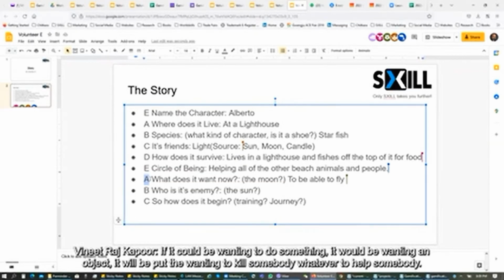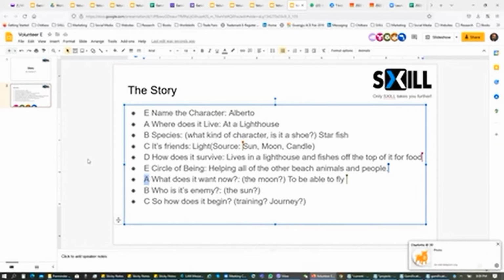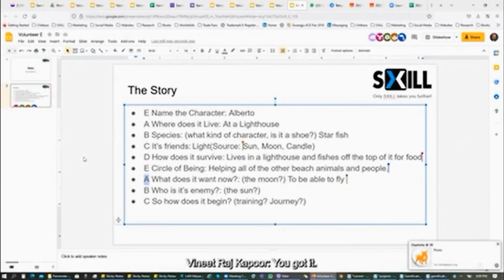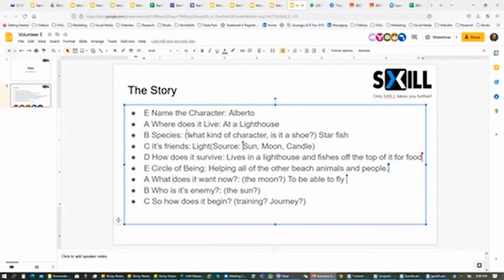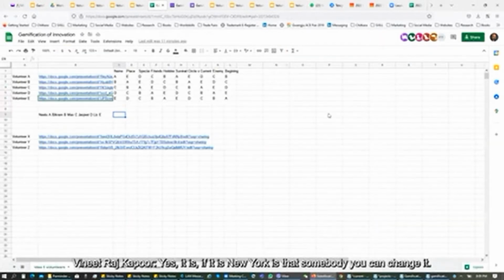It could be wanting to kill somebody, whatever, or to help somebody. You get it? What does it want now? In sheet E, you have A's to fill that. If it is your space that somebody has filled, you can change it.